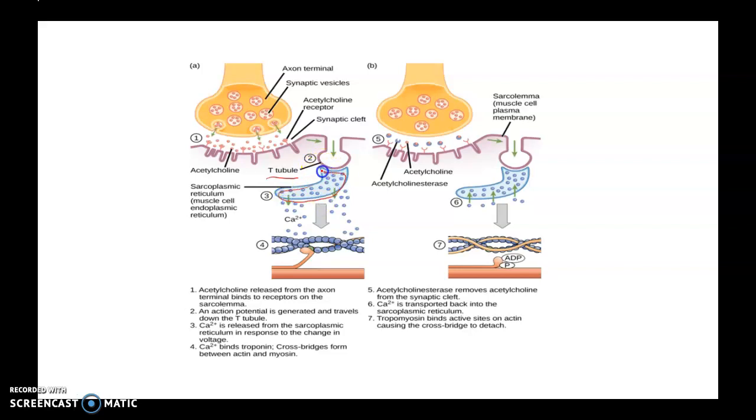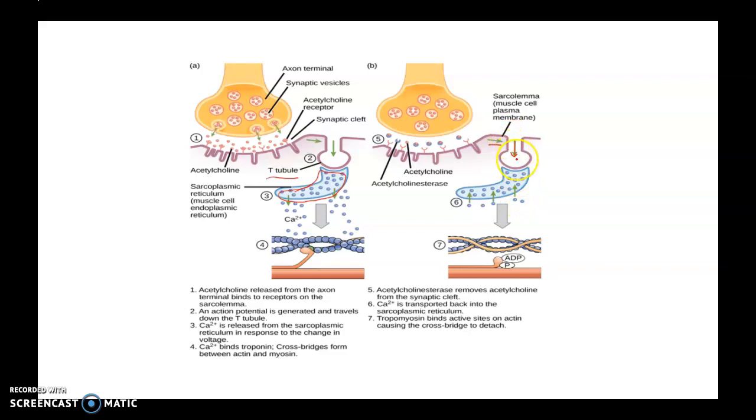Now the main point, we also see the T-tubules and the sarcoplasmic reticulum. We see that calcium is in the sarcoplasmic reticulum. The main thing I want you to understand here is that these green arrows are action potentials sweeping across the sarcolemma and down the T-tubules.